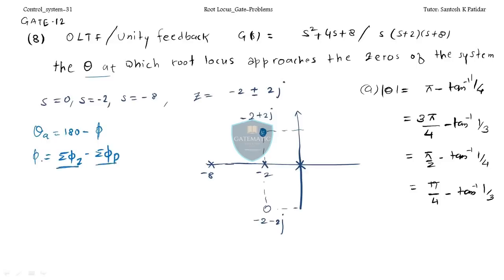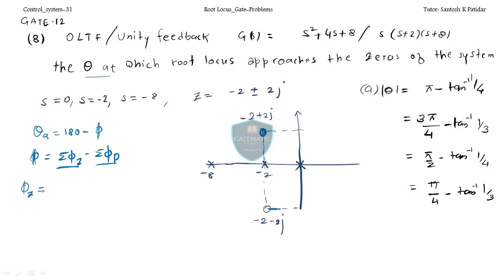These two terms, we'll put the value in this equation. So I'll take this phi value from this and we'll put in this. So I'll get the phi a or theta a. So the point is phi z. Let's find out phi z. How many zeros? Only one zero. And the angle provided by this zero, what is the condition?